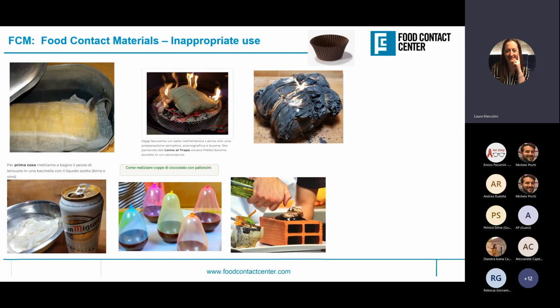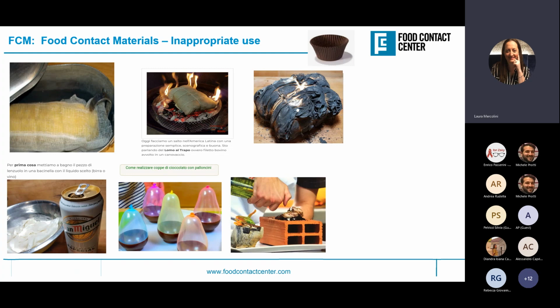Before we start, just some images that refer to inappropriate use, because many times we have troubles that come from very funny but wrong use of food contact materials. For example, the items that you can see here in the picture are sold to be used for muffin preparation.